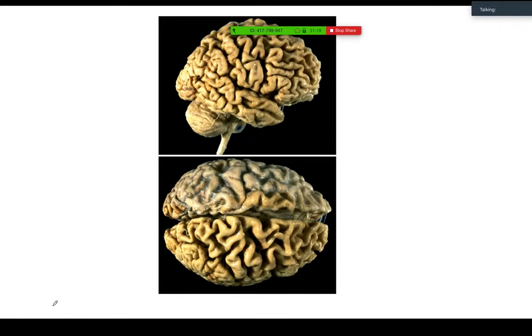So you can see here on these gross pathology images that normally when we look at a brain, it looks nice and plump and fatty and just full of tissue. This brain, to me, looks not like that. These gyri look much skinnier, and the sulci look quite wide. I mean, look at this brain, right? There's definitely something abnormal there. Alrighty? And so that's what we look for on gross pathology.